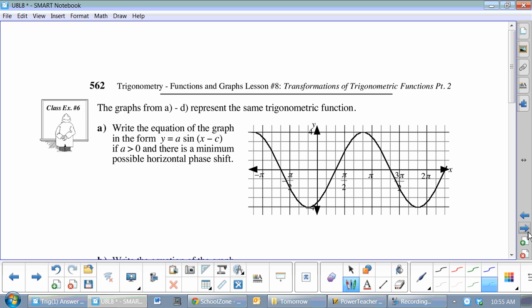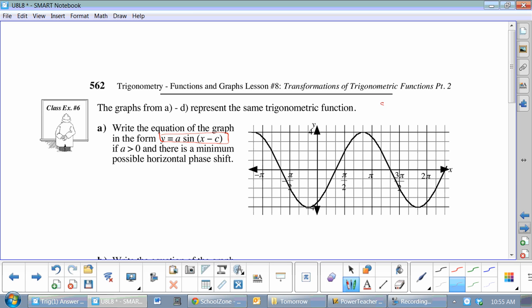Okay, now this next one, we are looking at, give me the equation to the right in a sine x minus c. So in other words, there is no horizontal stretch or vertical displacement. Now, what I like to do all the time on these, it helps me a lot, is actually draw what sine x would look like.